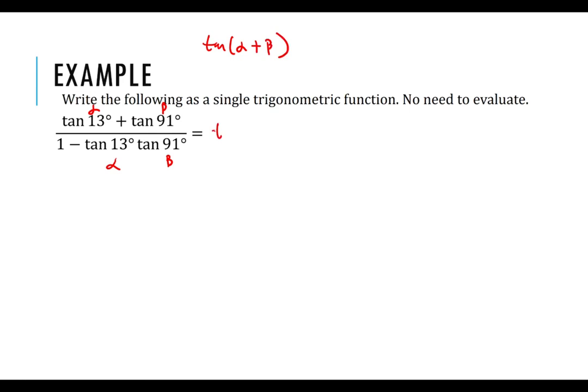And so that's going to be the tangent of 13 plus 91, which is the tangent of 104 degrees. Now, recognize that I've stated here no need to evaluate, because of course, if we're looking for exact values, this won't work. But this is an identity, and so there's a nicer way to write it, tangent of 104 degrees.